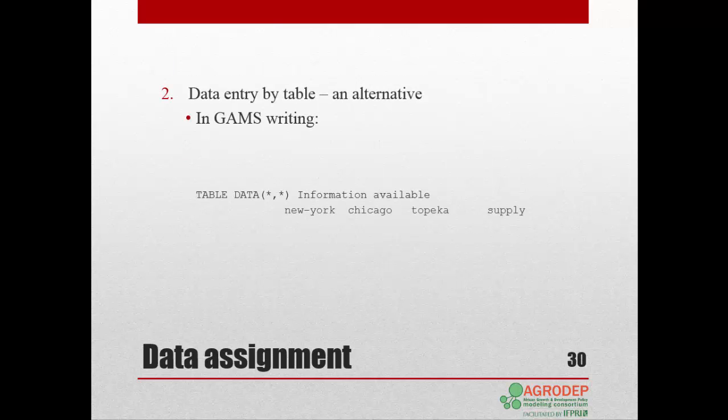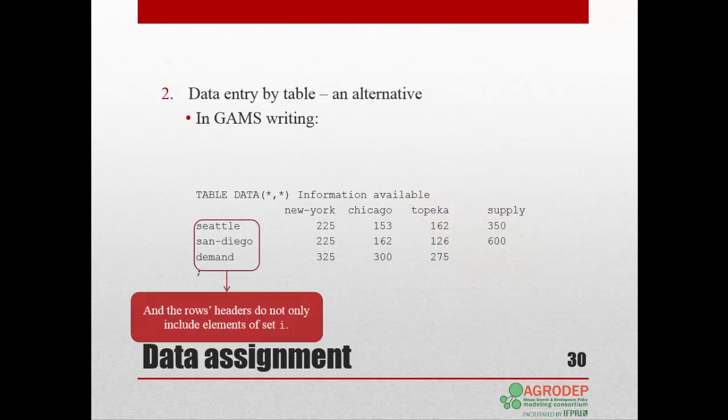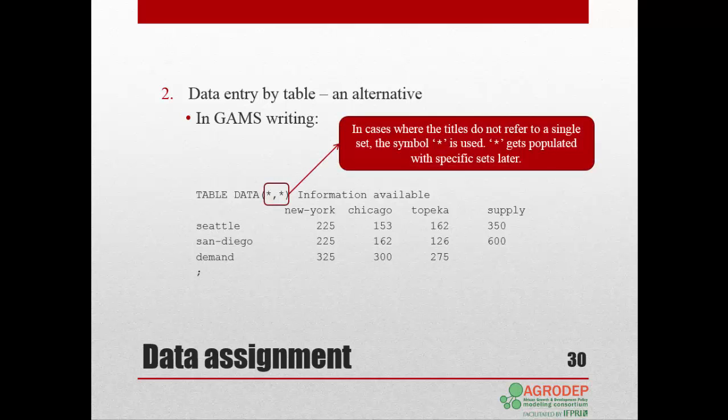In GAMS writing, we note that the column titles include not only the elements of J, the markets, but also a fourth column titled supply of each plant. In the same way, the row titles include not only the elements of I, the plants, but also the third row titled demand by market. In cases where the titles do not refer to a simple set, the symbol star is used.